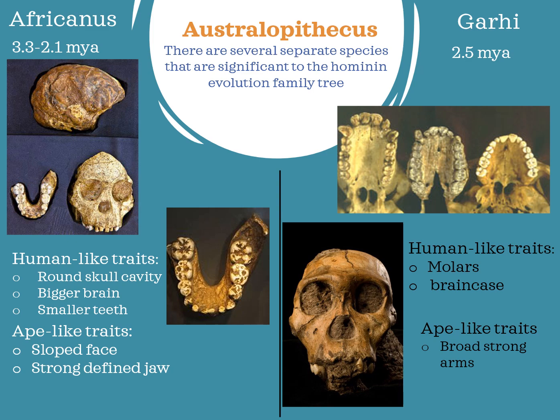We see that it has a rounder cranium, which houses a larger brain, and smaller teeth, while still displaying some ape-like features such as very long arms and a strongly sloped face that protrudes from the brain case, accompanied by a very pronounced jaw.